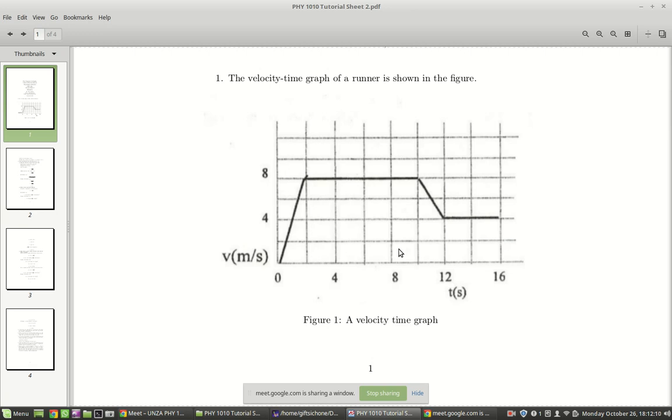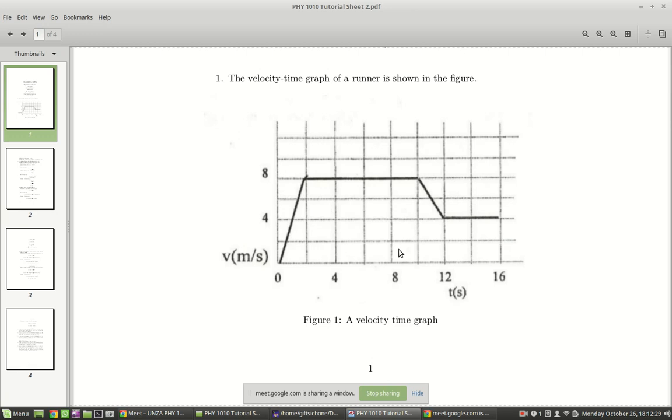So basically, the whole velocity time graph allows us to see how the velocity is changing with time. It allows us to work out what the acceleration is at each particular section. It also allows us to work out how much distance has been covered. That is why this graph is there.